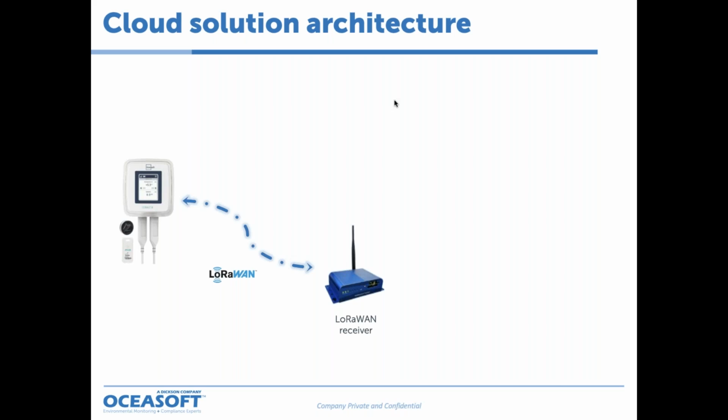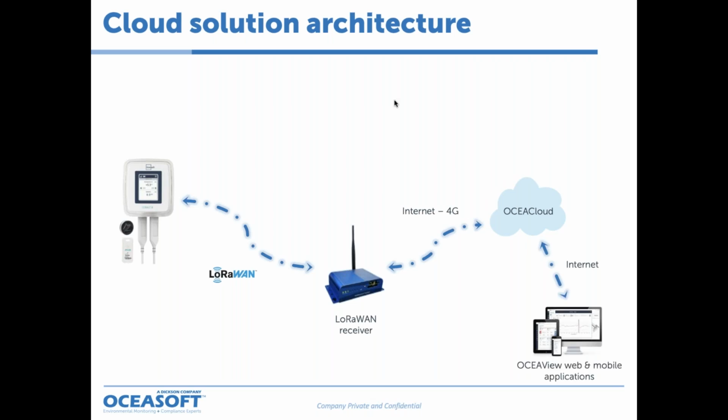Those receivers send data to the cloud through a local network or even a cellular data connection. All the data stored on the cloud is then accessible through OCEAView, the web application, which runs in a user's web browser. The web application is used for monitoring and the interface, as well as for all system administration aspects.